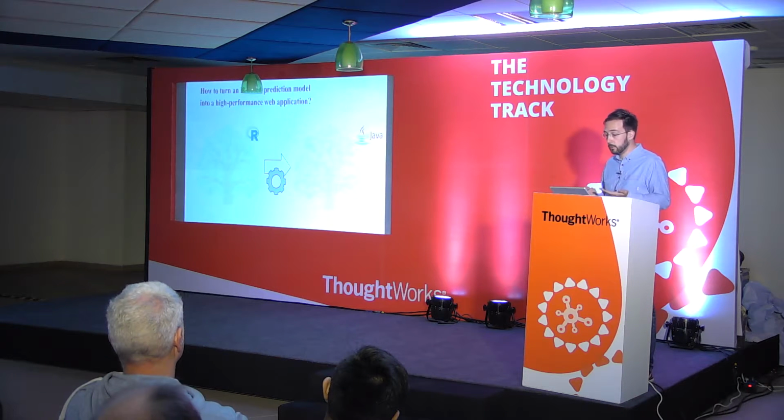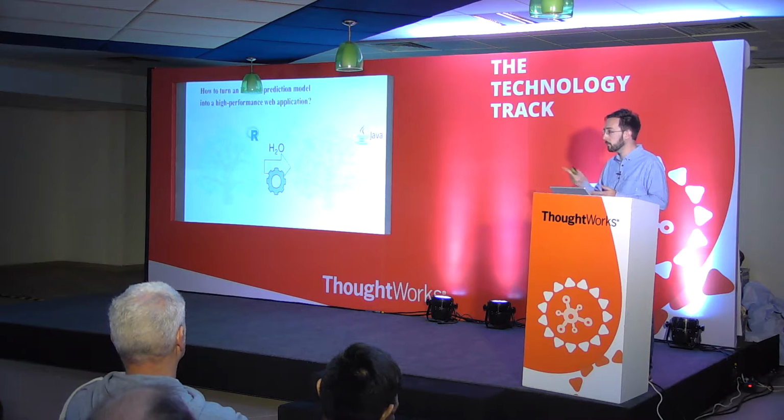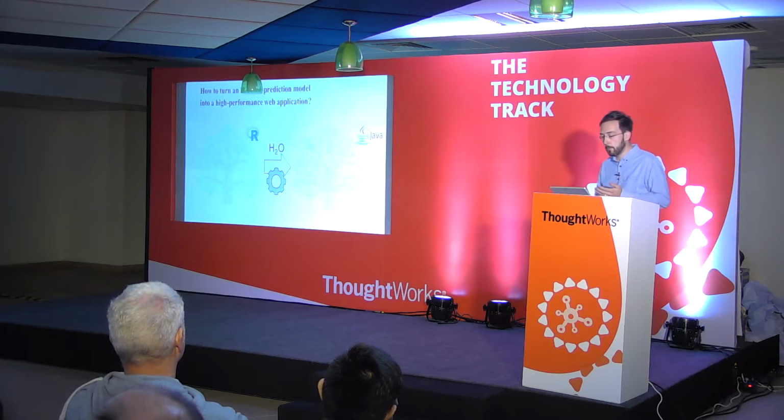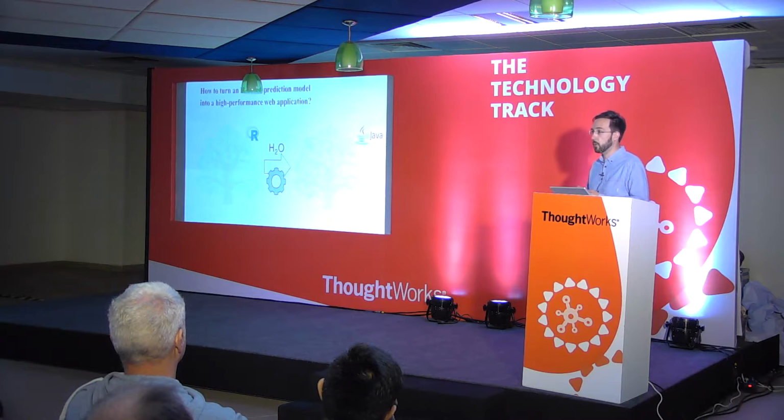So we therefore looked at how we can automate this. And the technology that helped us with that was H2O. Has anybody heard of H2O before? Okay, cool. H2O is a Java-based analytics engine that can be programmed using R, and that's obviously something that the data scientists liked.